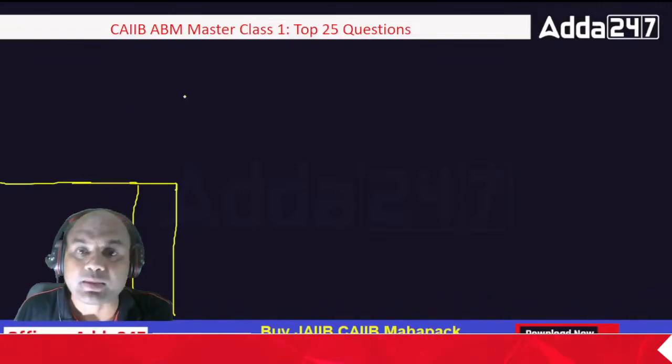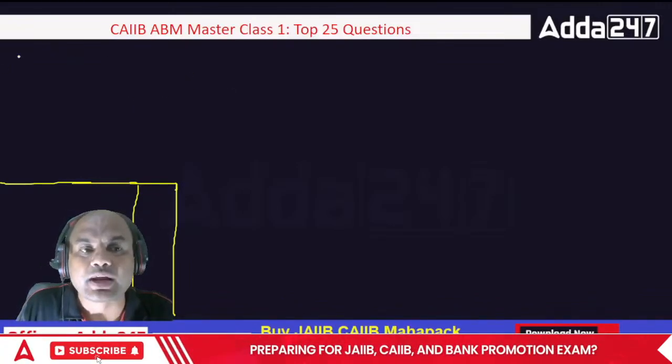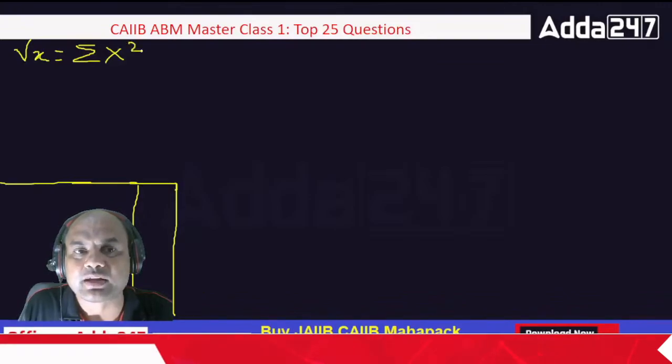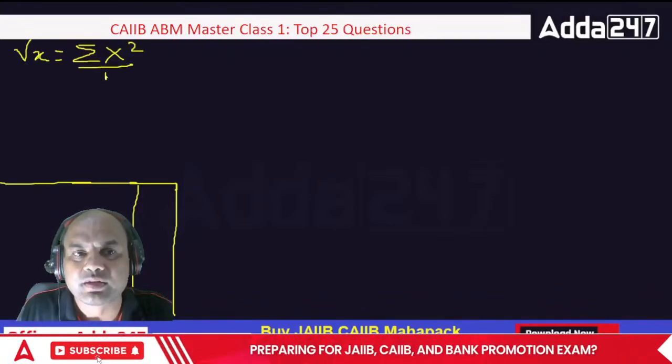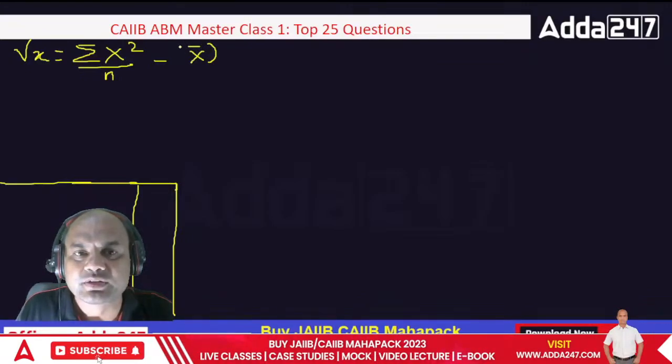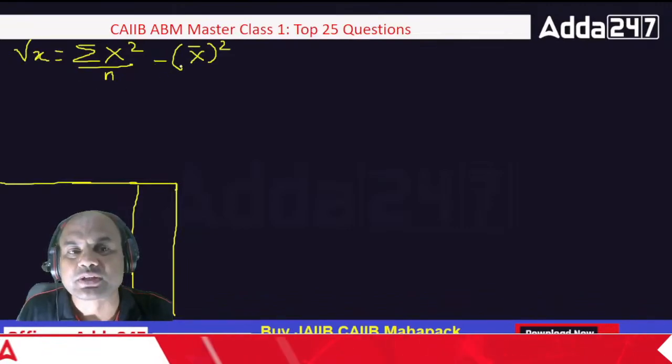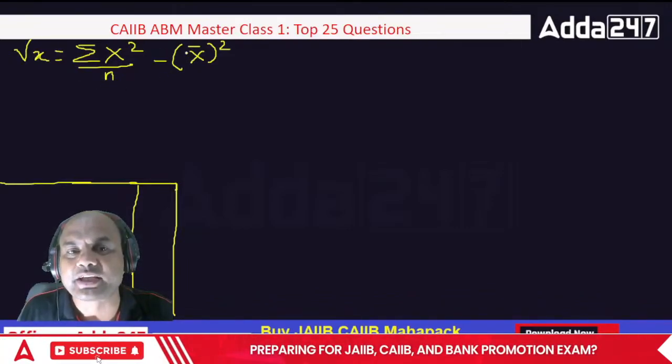So what happens now? See this. What do you want? Variance of x. Vx I'll write, equals summation x square upon n minus x bar square.